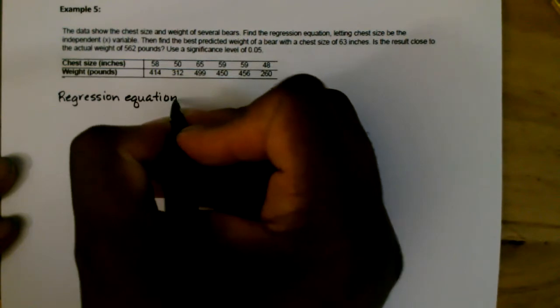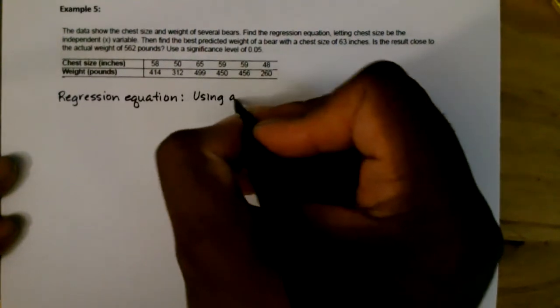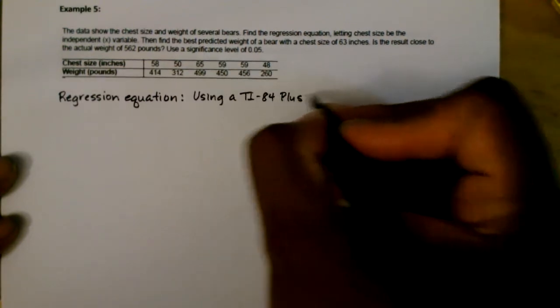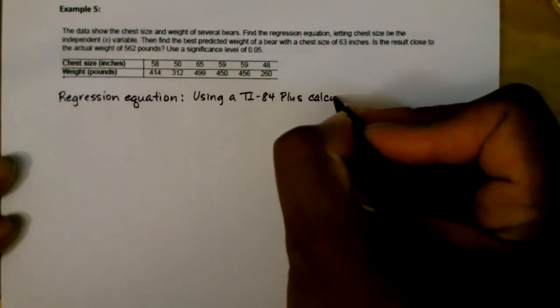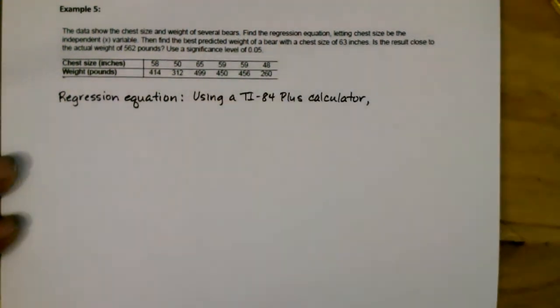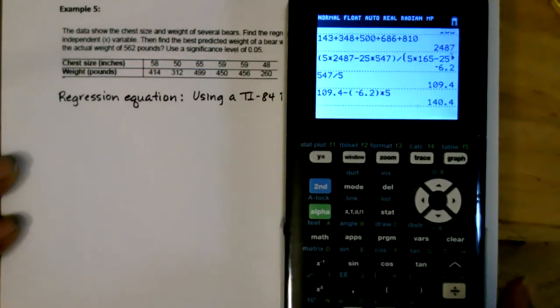And we're going to use our TI-83 or 84 plus graphing calculator. Now, if you recall back in the last video for section 10-1, I showed you how to enter data into list 1 and list 2.